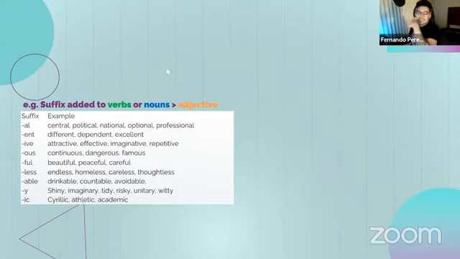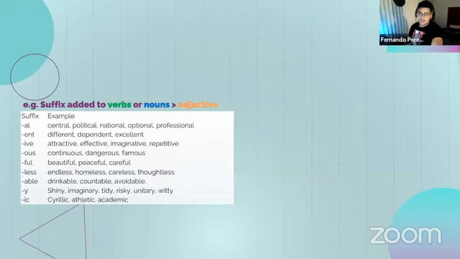In the suffix section, we have al, ent, ive, ous, ful, less, able, y, and ic. I want to check your pronunciation as well, so I want everybody to pass and pronounce these words so we can pronounce them correctly.